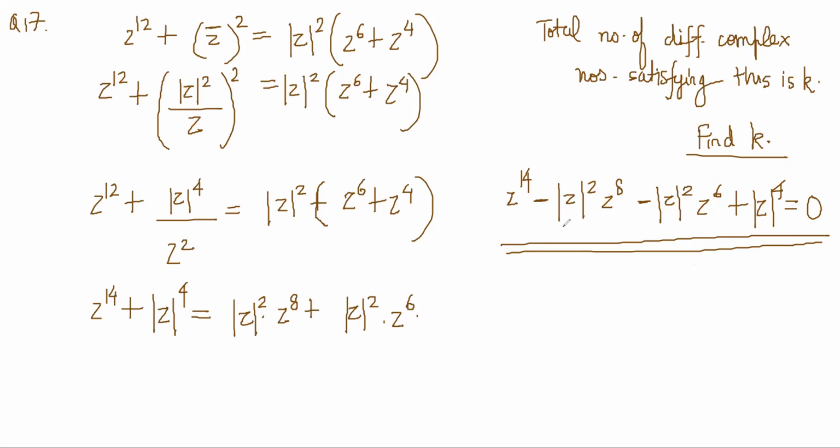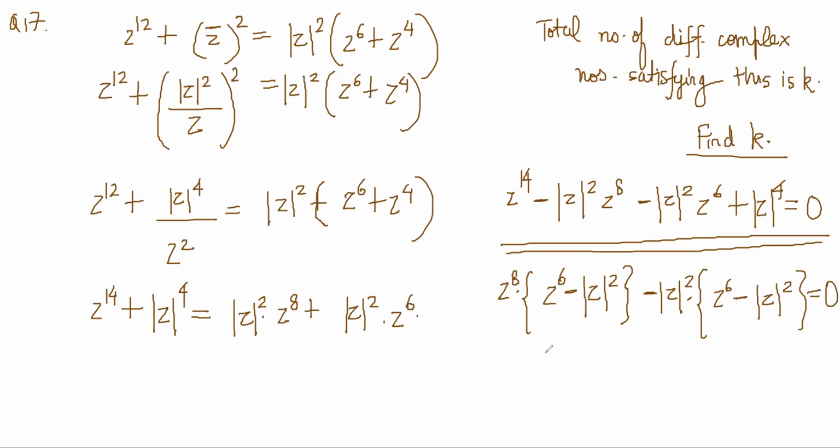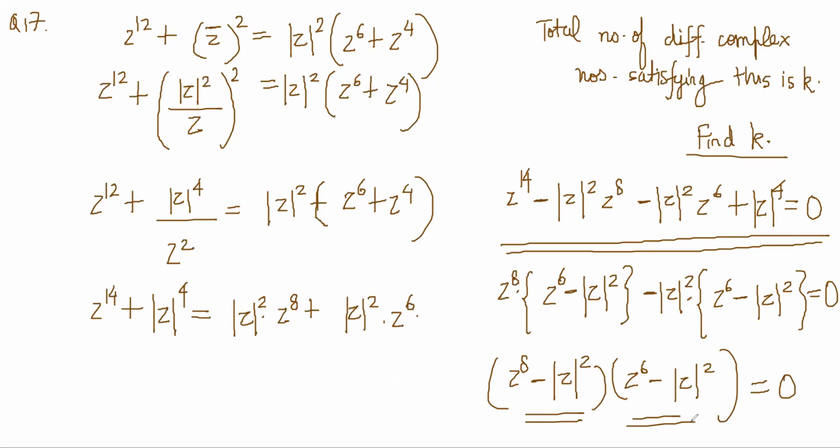This is the equation that we are getting, and it is obviously factorizable. Very simple factorization. Z power 8 common. You get 8 roots here, 8 roots here, and you get 6 roots here.